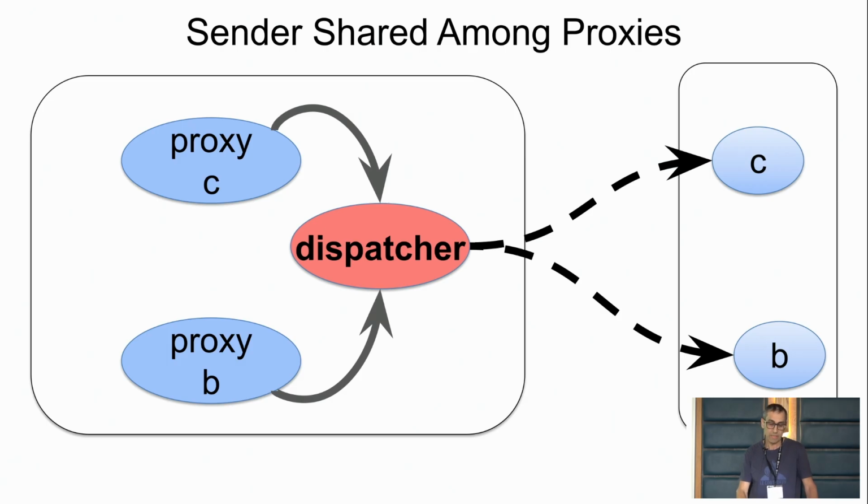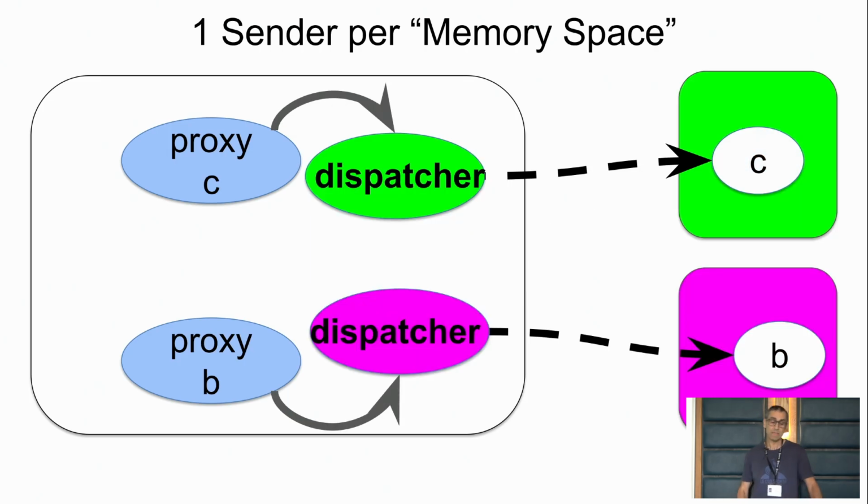There are differences depending on the ID, but that's it. So the ID of the proxy says, please deliver this to the remote object with this ID, and the dispatcher knows how to pack everything and send it over the network. But if we have different memory spaces, we need different dispatchers. Basically, each dispatcher is in charge of one memory space.